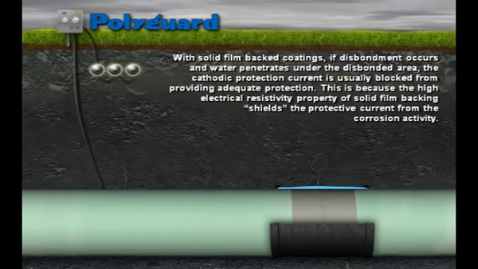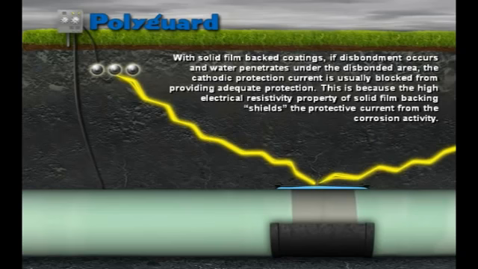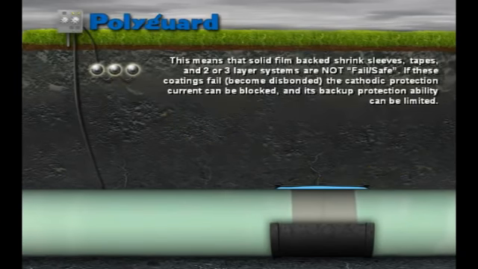This is because the high electrical resistivity property of solid film backing shields the protective current from the corrosion activity. This means that solid film-backed shrink sleeves, tapes, and 2 or 3 layer systems are not fail-safe.